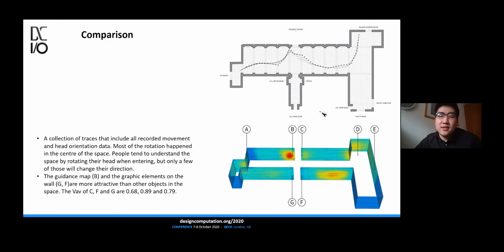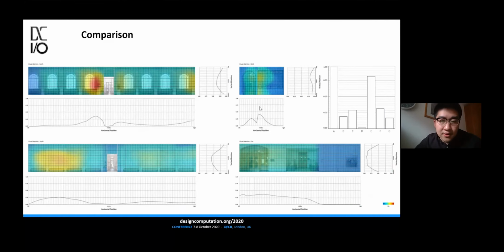So you can see the pattern of the movement is slightly changed because of the elements on the wall. The capital B, which is the UCL map, is attracting his attention, but he keeps moving in the same direction. You can figure out that maybe the graphical elements or the UCL map is becoming the most attractive element at the moment.